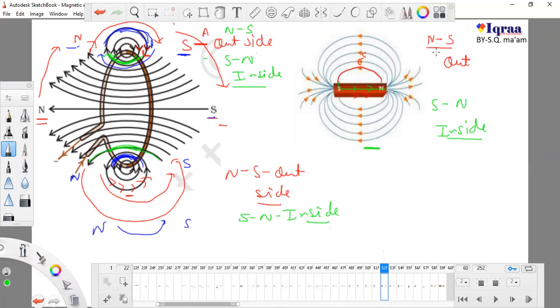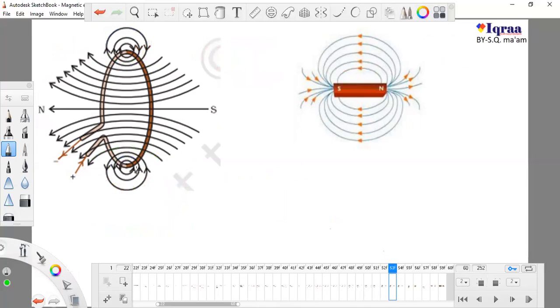The magnetic field lines go north to south when they are outside. You can see the direction how it goes. North and south, so it goes north to south when it is outside.